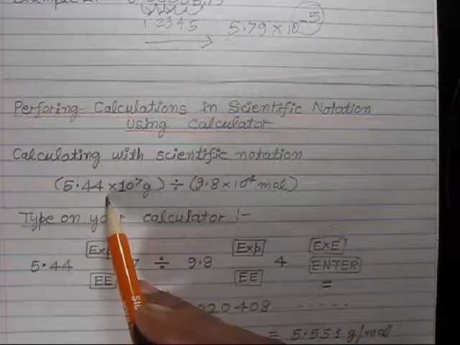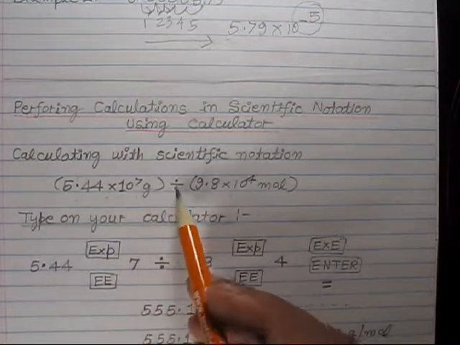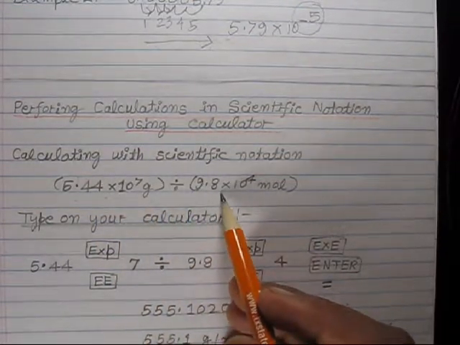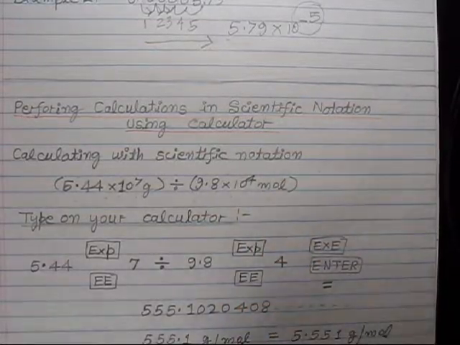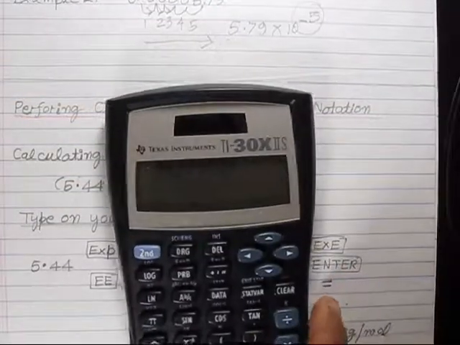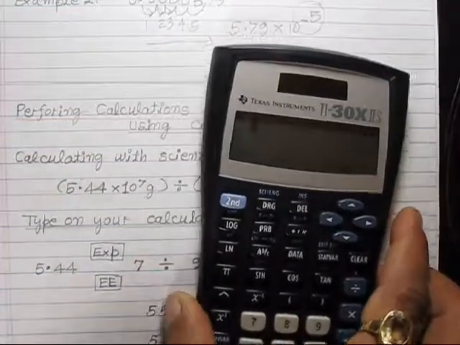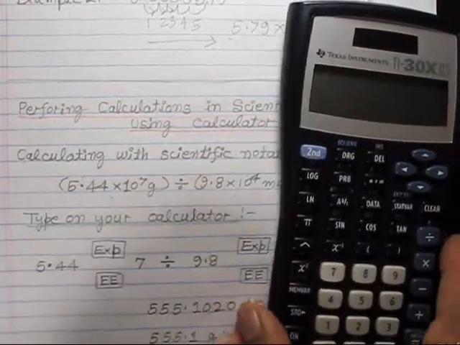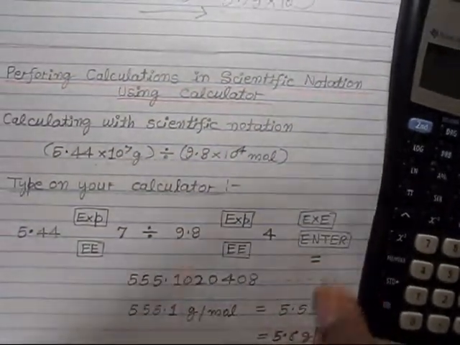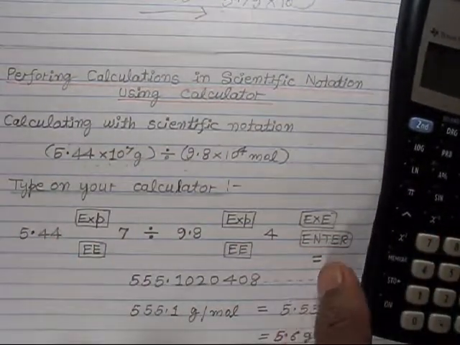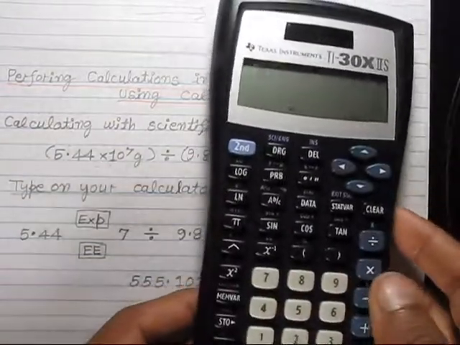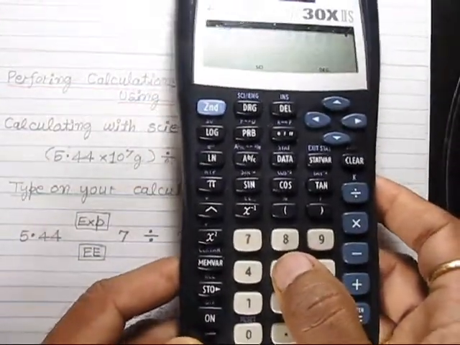We have to divide 5.44 times 10 raised to power 7 grams divided by 9.8 times 10 raised to power 4 moles. So using this TI-30X IIS calculator, how will you do it? I already have written here the formula you will type, but let me show you once again.